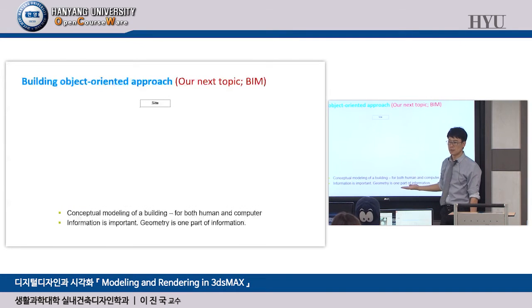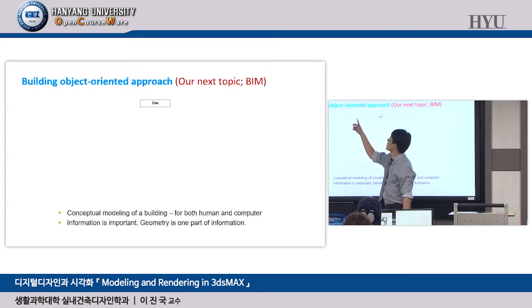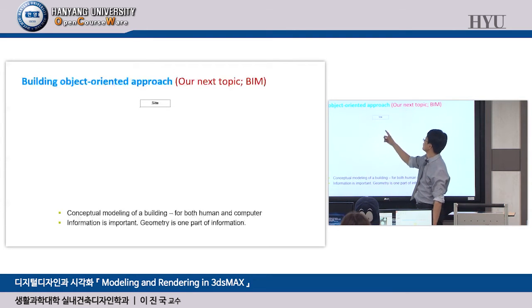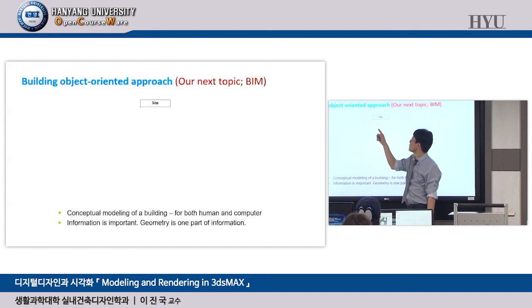What else is there besides the geometry-oriented approach? This is the building object-oriented approach. Our next topic, BIM, is simply described here. Here is a site. Take a look at this notation: 1 dot dot star means one or many.